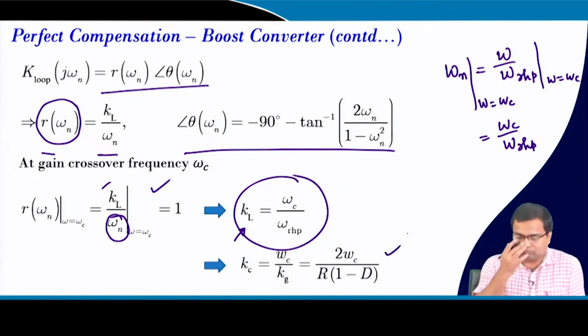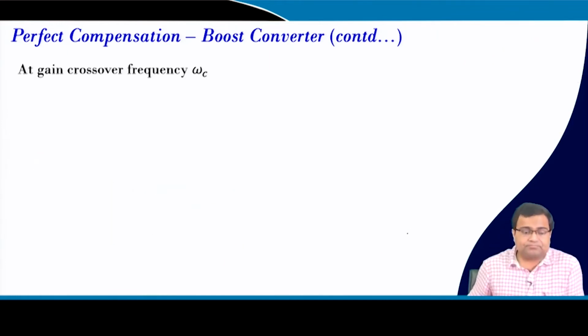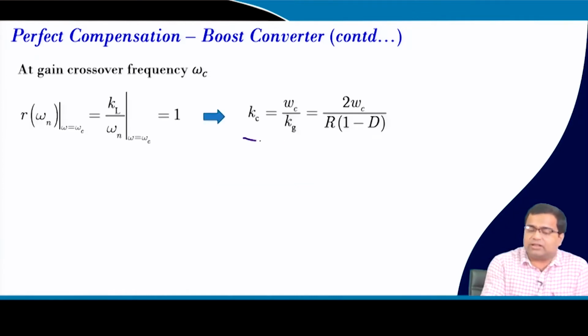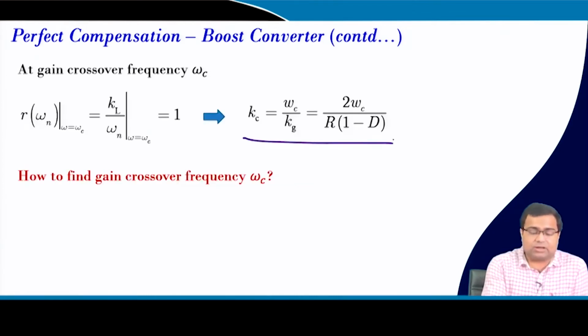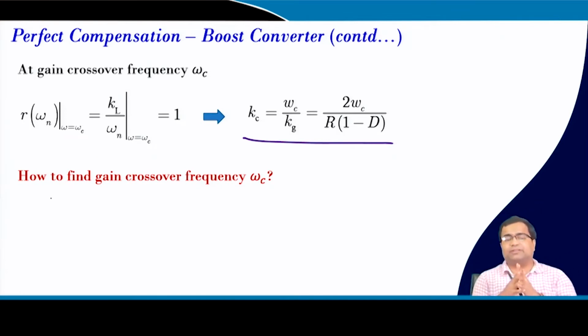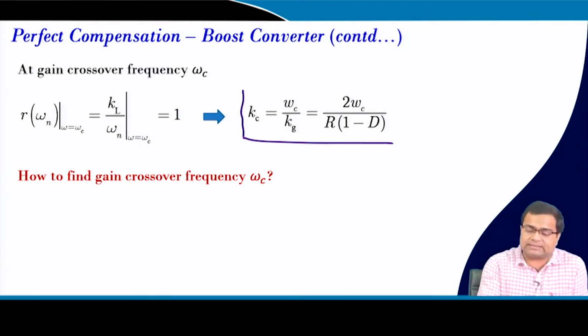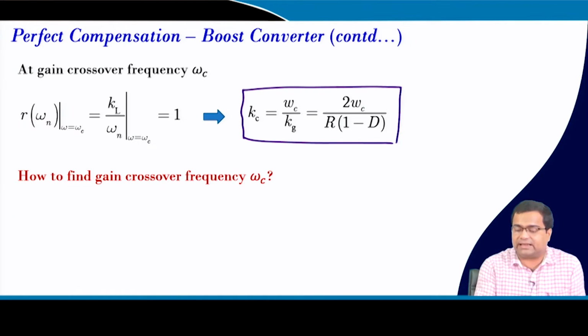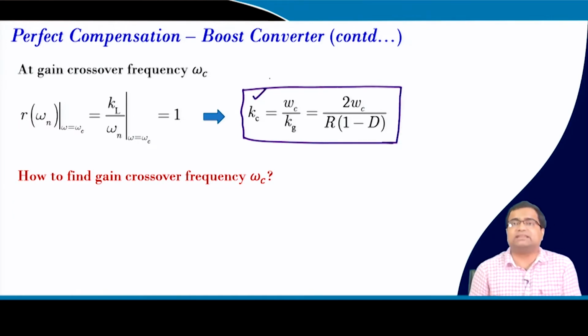Okay. Next, at the gain crossover frequency, we have already computed the gain. Now, how do we find the gain crossover frequency? Because if we can set the gain crossover frequency, then we can get the controller DC gain, right.